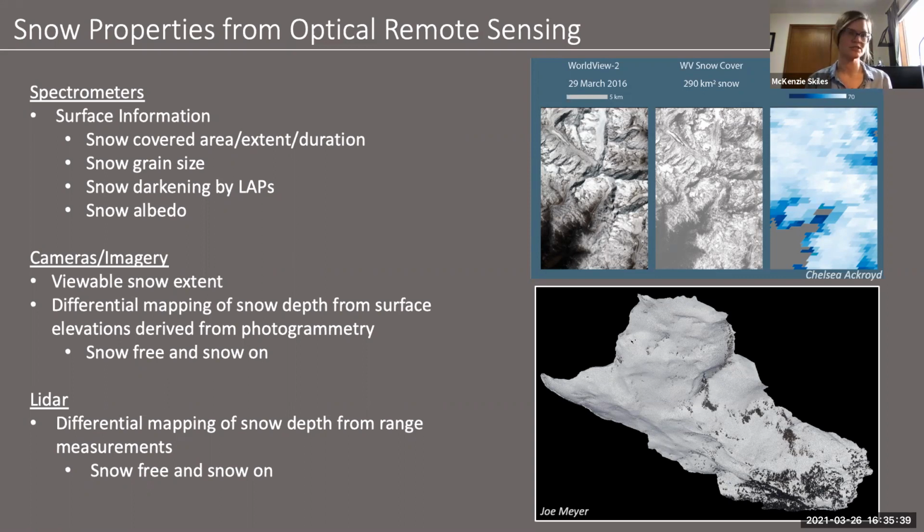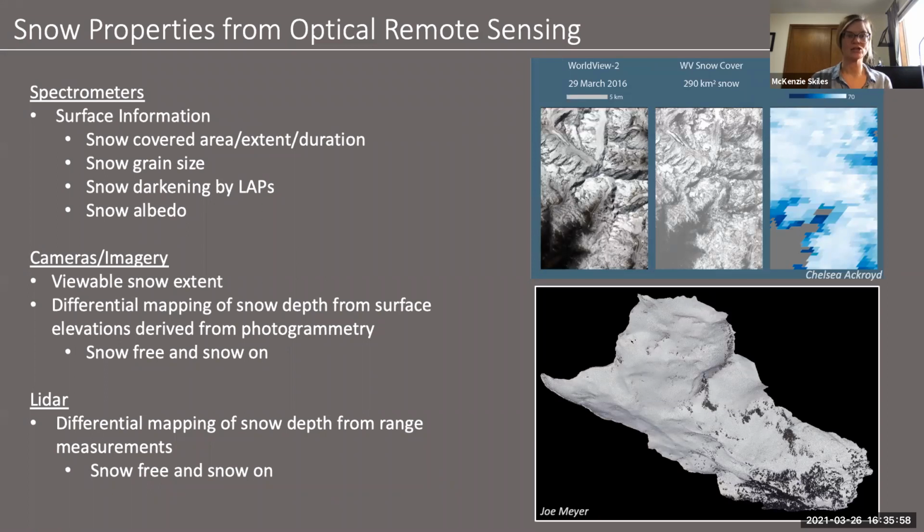So that's essentially the snow extent that you can see with your eyes. And then you can also take multiple overlapping images and use photogrammetry to map surface elevations. And then you can combine two retrievals, snow free and snow on, to map snow depth.